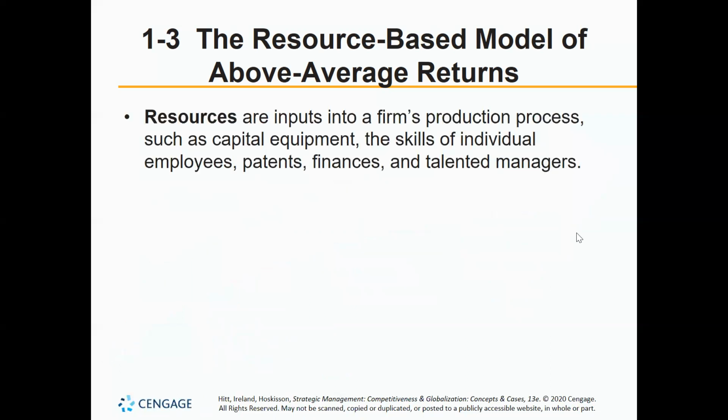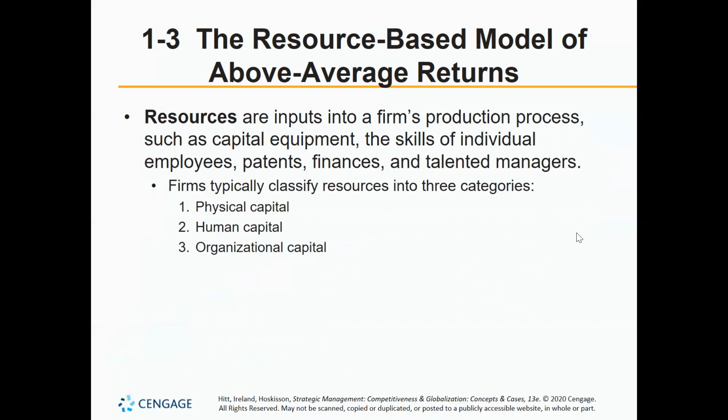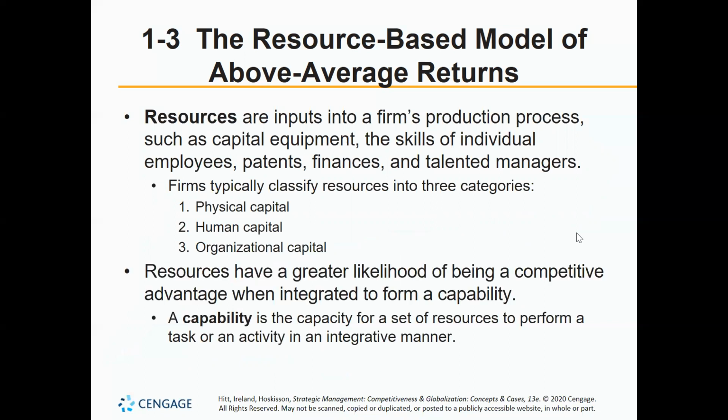Again, resources are inputs into the firm's production process. Firms typically classify resources as physical capital, human capital, and organizational capital. On organizational capital, think of things like the firm's culture or the firm's reputation that aren't really physical or human, but they are still important parts of the organization.